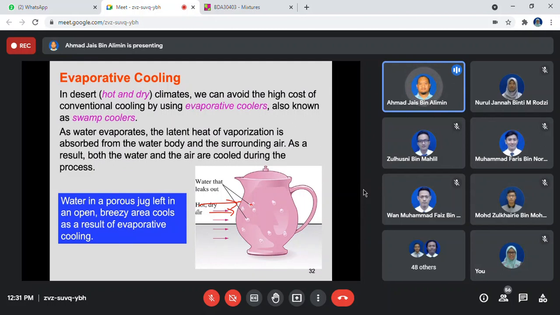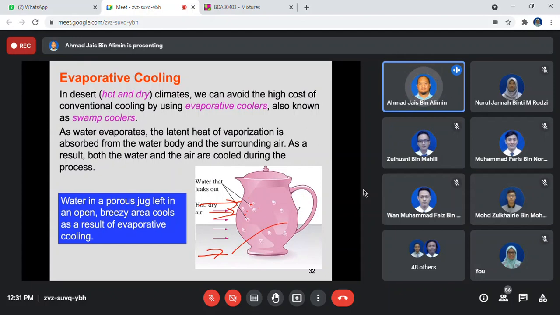So for evaporative cooling to take place, you will need to encourage the liquid or the moisture to be absorbed at the boundary, and then get in touch with the incoming air, because when the air is moving, it will help to increase the heat transfer process.